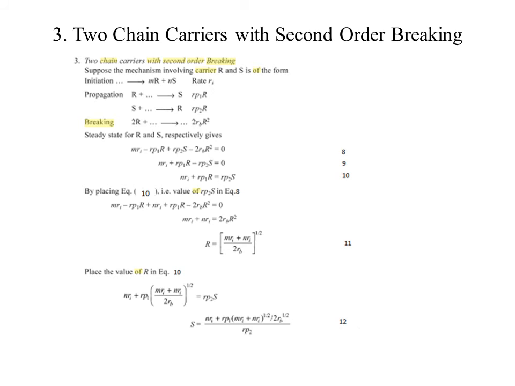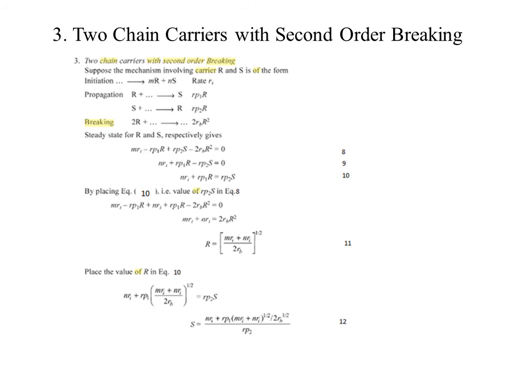Place the value of R in equation 10. Now putting the value of R from equation 11 into equation 10, we will get NRI plus RP1 into the square root of (MRI plus NRI over 2RB), that is equal to RP2S.